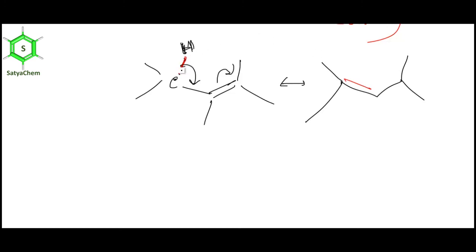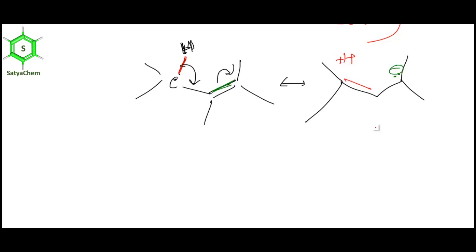These two sigma electrons in the CH bond form a pi bond here, and now this pi bond breaks. This pi electron pair will be here, and here will be H plus. As the molecule is neutral, the canonical forms will also be neutral. Okay, clear.